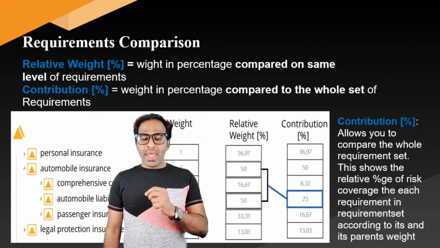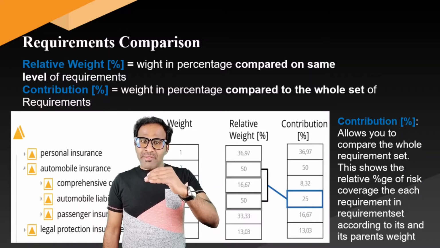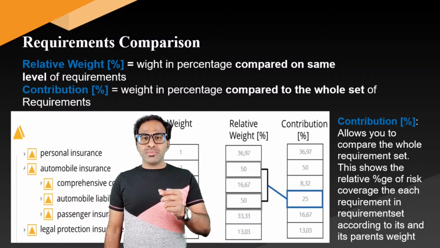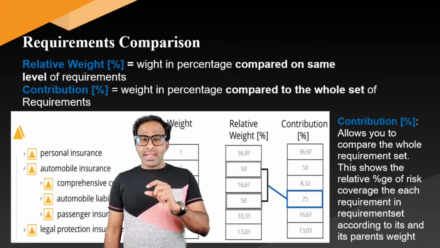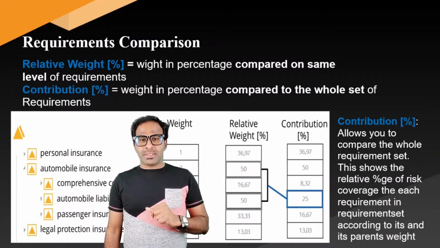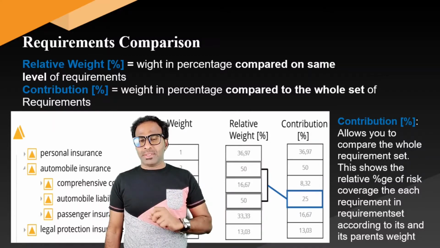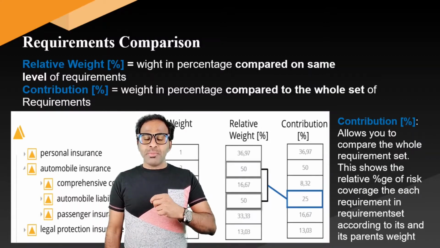Relative weight is the weight in percentage compared on the same level of the requirements. That means if you have sub requirements under a parent requirement, then relative weight is a comparison between sub requirements, or a comparison between only parent requirements. So that is relative weight. What about contribution?